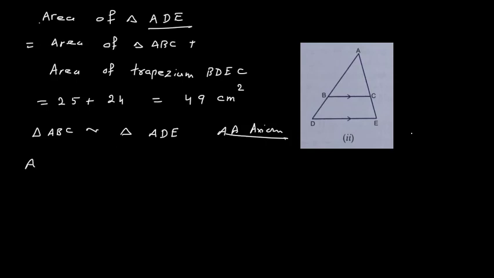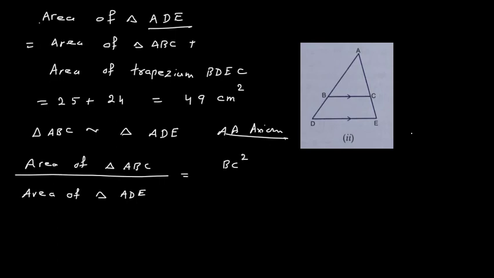We can say that area of triangle ABC divided by area of triangle ADE, this ratio, is equal to BC squared divided by DE squared.